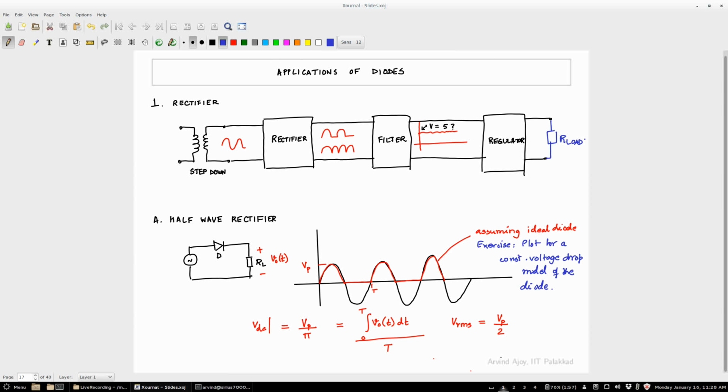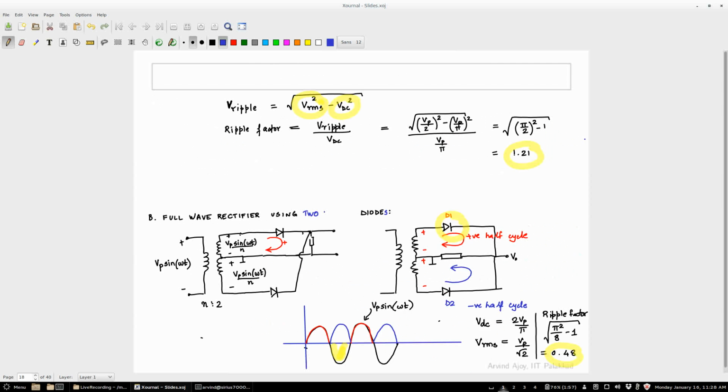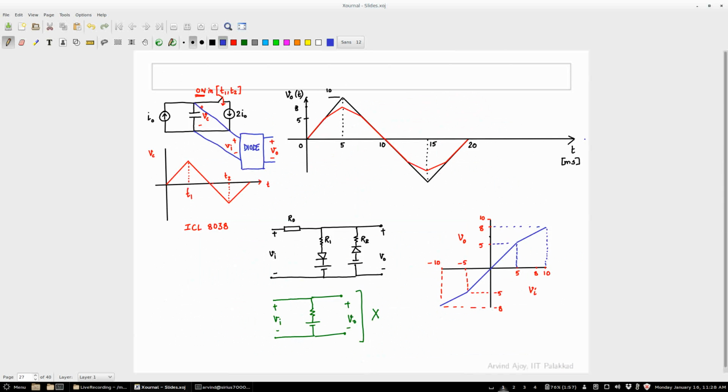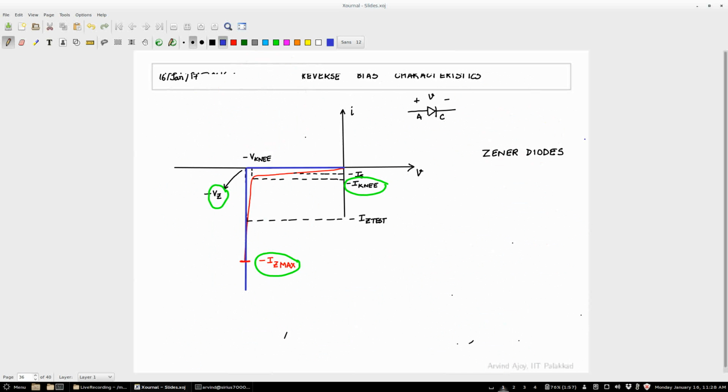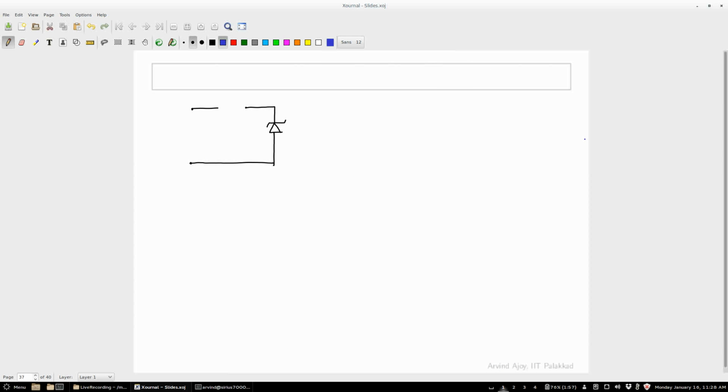The load comes after the regulator. Alright? Okay, I will let you guys also flip back.